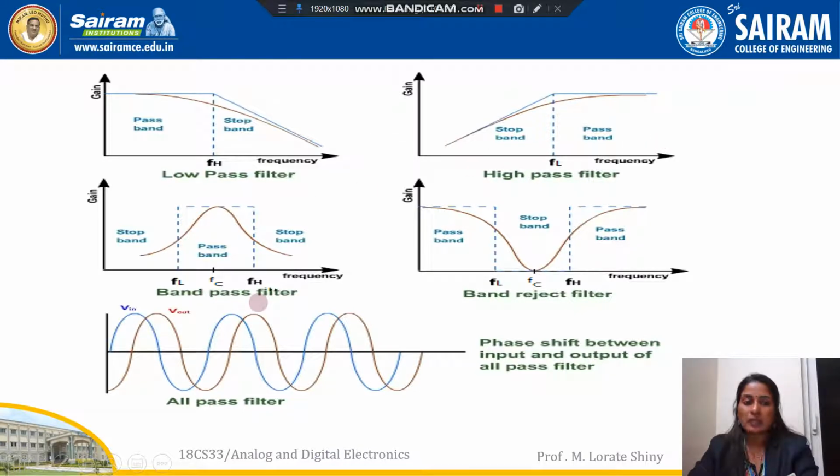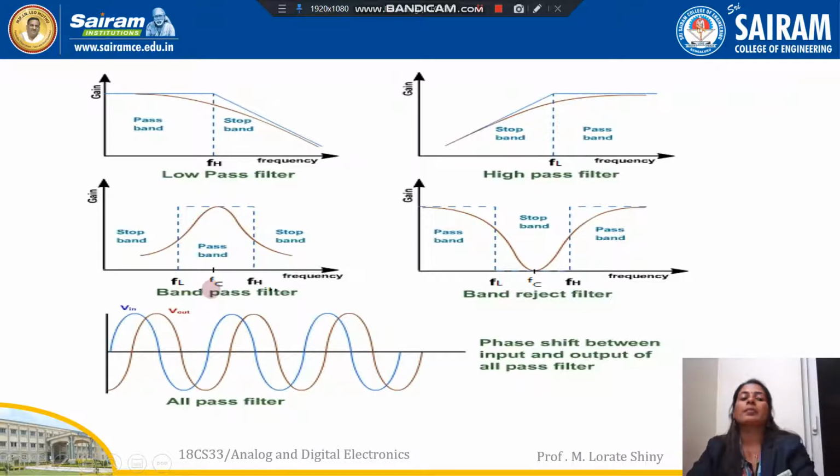Next, band pass filter. One particular band that will be calculated from the cutoff frequency is allowed through the circuit. Next, band reject filter. This is opposite to band pass filter.